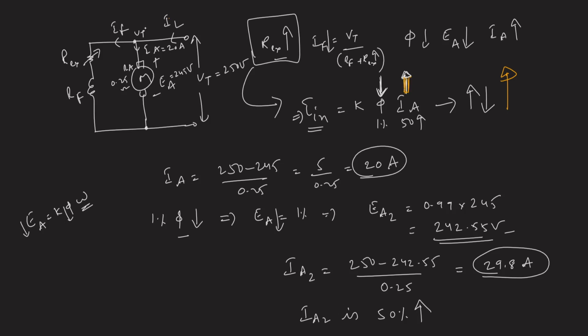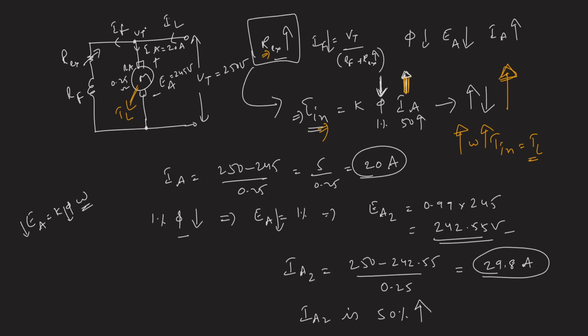So torque will first go in this direction, it will rise. So what is happening? With increase in external resistance, flux reduces, but current increases tremendously, and hence the torque in the machine increases. So for a given load torque, torque induced in the machine is increased. Since torque induced is going higher than the load torque, definitely the speed increases.